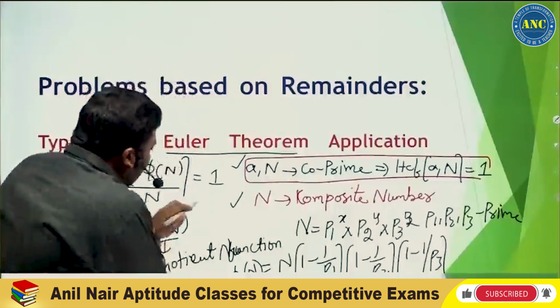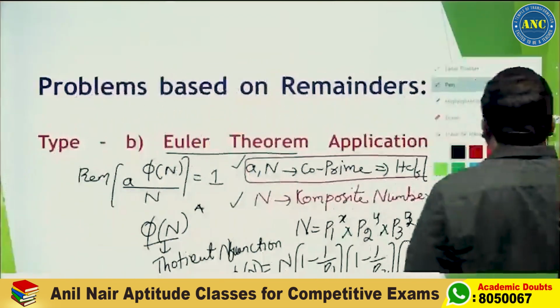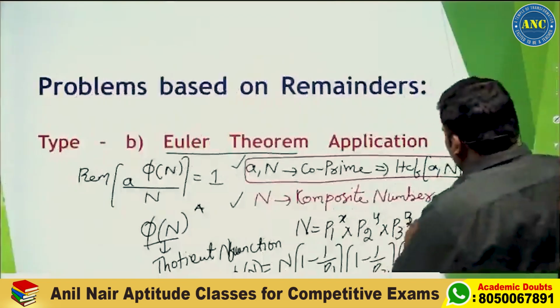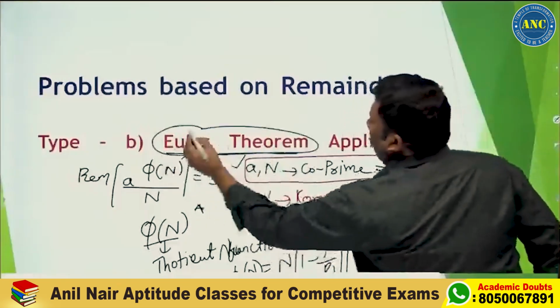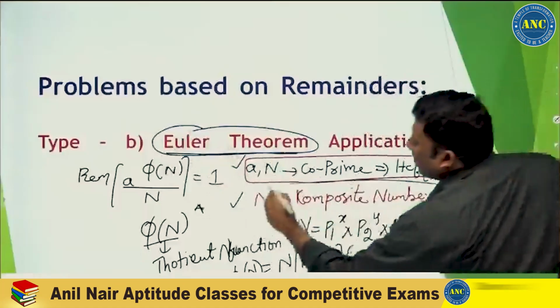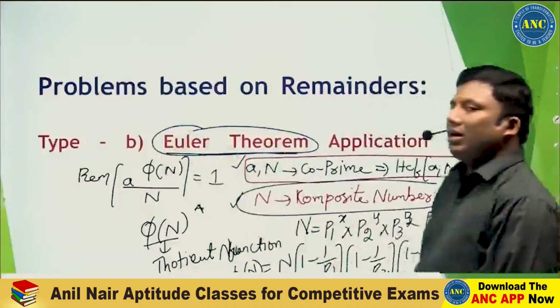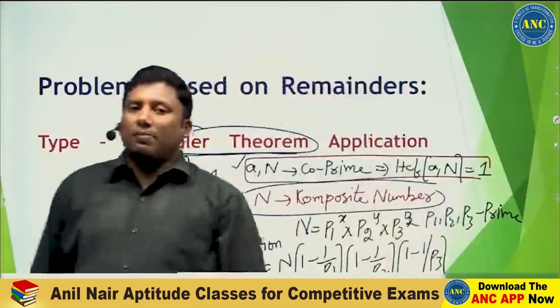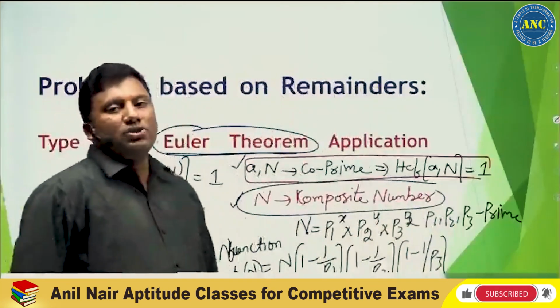Whenever I discuss the co-prime concept, I will discuss that in detail. In today's class, we will just see its application. Euler's theorem is used when the denominator is a composite number.